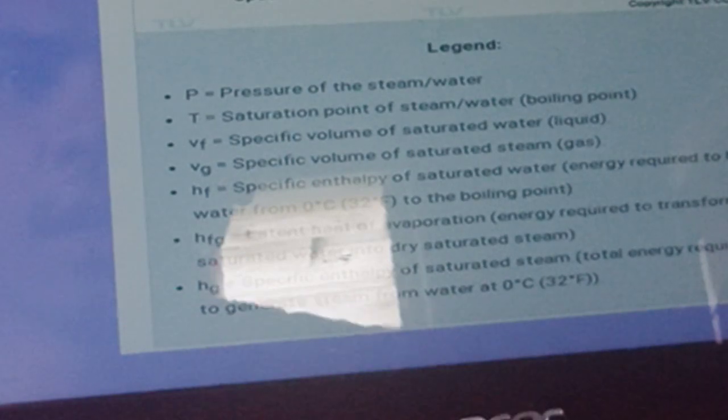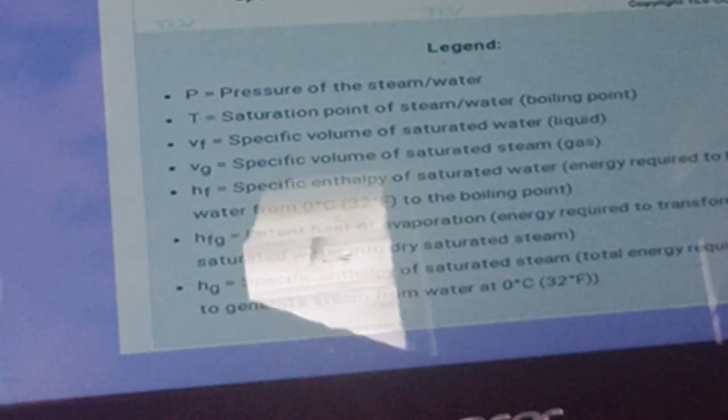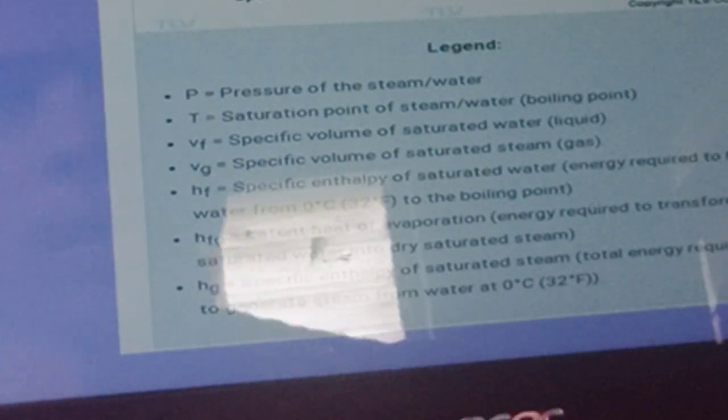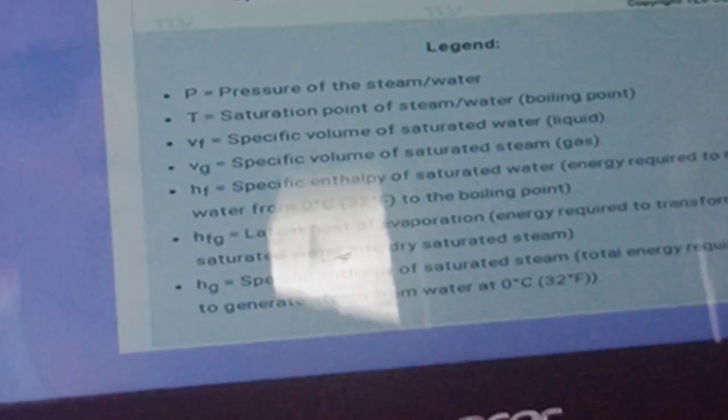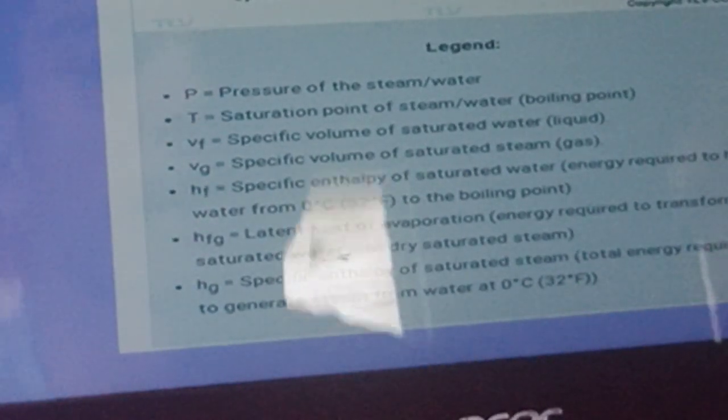Hfg, latent heat of evaporation, energy required to transform saturated water into dry saturated steam. Hg, specific enthalpy of saturated steam, total energy required to generate steam from water at 0 degrees Celsius.